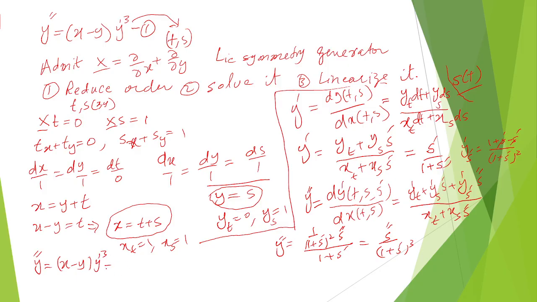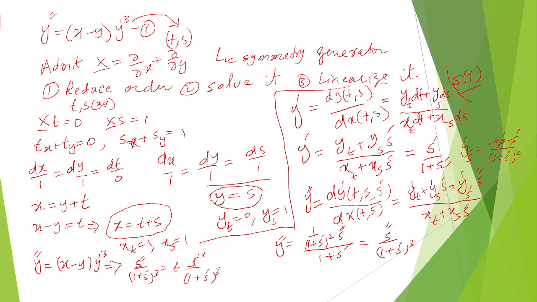So put all of them. y double dash is equal to this value, that is s double dash over 1 plus s dash cube, is equal to x minus y. x minus y is t, and y dash is s dash, so s dash cube over 1 plus s dash cube, that is y dash cube.